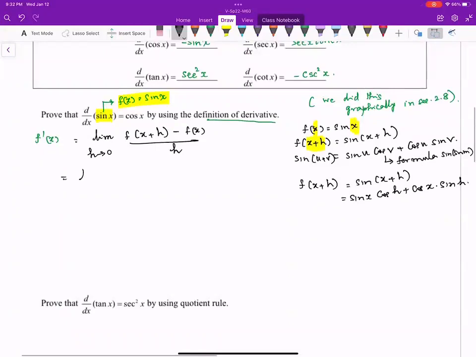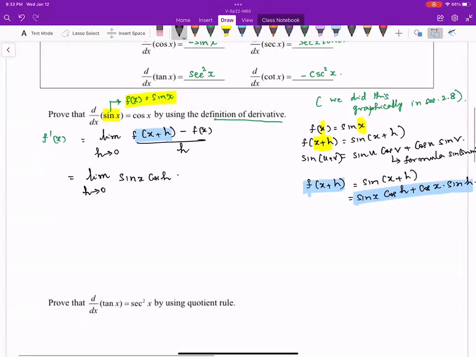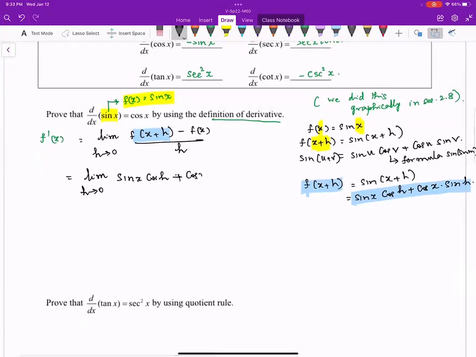Then I will apply all these here. Limit as h approaches 0. I'm going to now substitute for f of x plus h, which is all of this, sine x cosine h plus cosine x sine h, minus f of x.